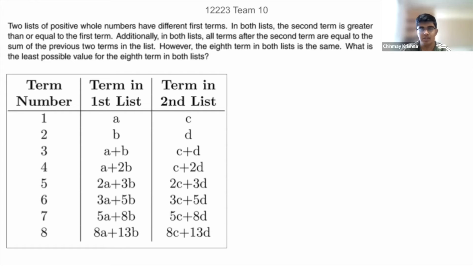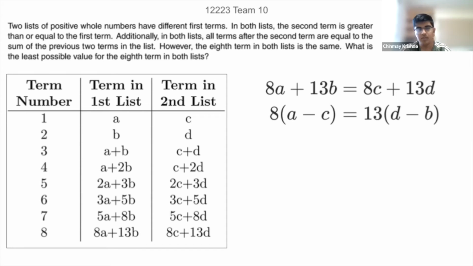Since both of the eighth terms are equal, we can set these two expressions equal to each other. So we have that 8A plus 13B is equal to 8C plus 13D. If we subtract 8C from this side and 13B from the other side, we'll have the two terms with 8 in front of them together and the two terms with 13 in front of them together.